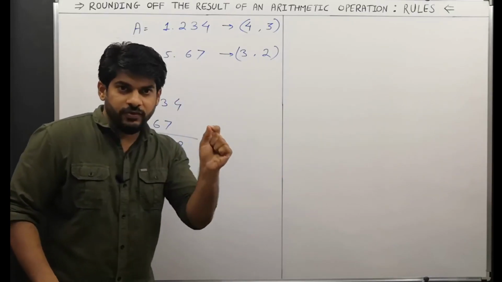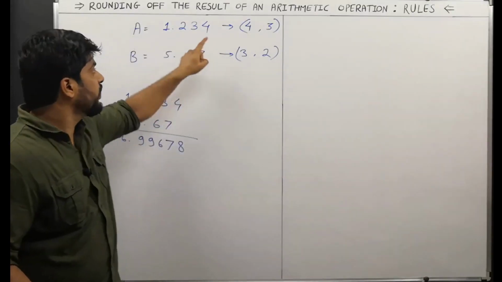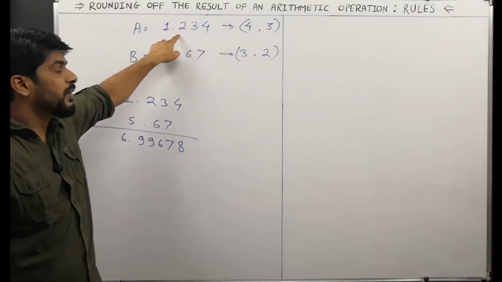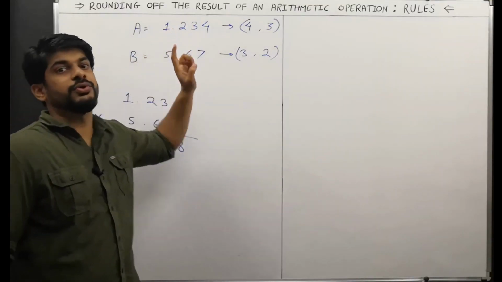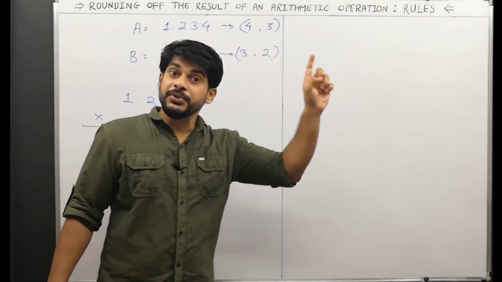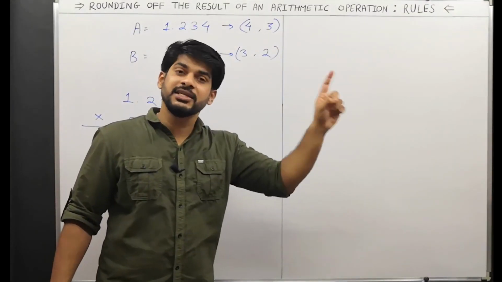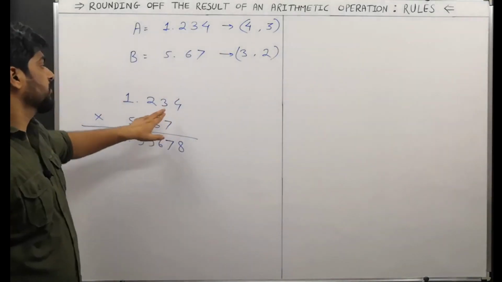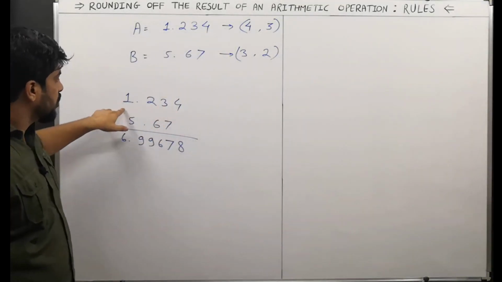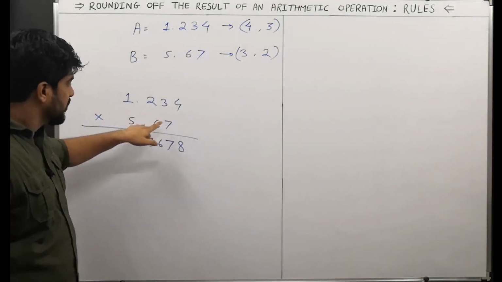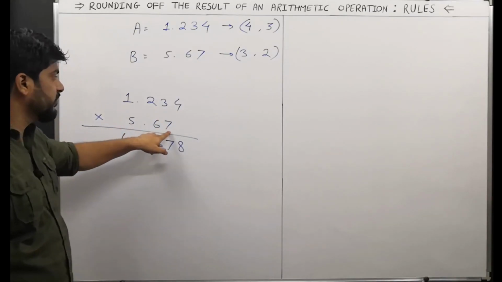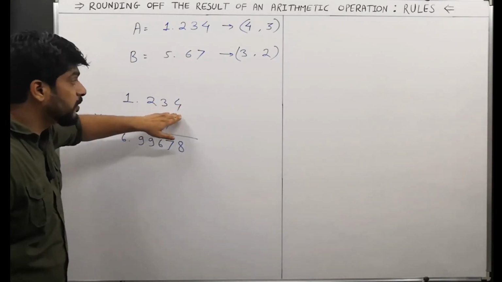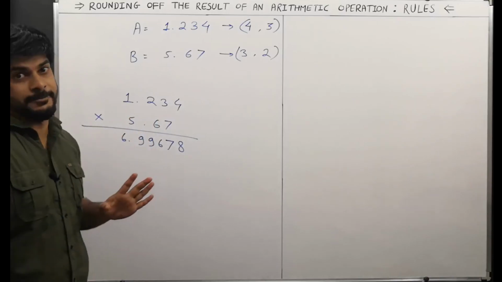If any digit in the measured quantity represents the precision of the instrument, then that digit is definitely significant. So over here, these are all significant figures, and here also.